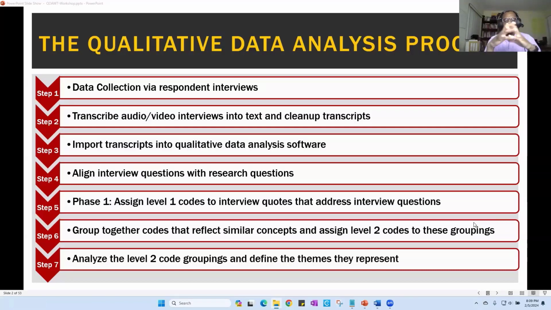We're going to combine those level 1 codes into level 2 codes and then say, okay, what does this level code represent? What is the theme that is conveyed from the combination of these 2 or 3 or 4 level 1 codes? If that makes sense, type in a 1. If it doesn't make sense, type in a 0.